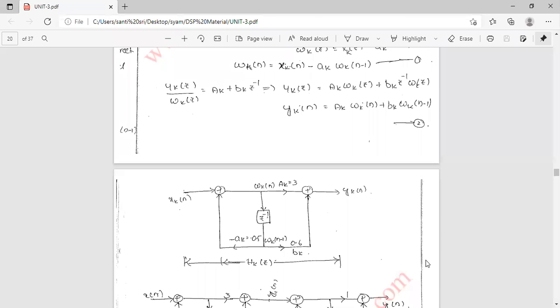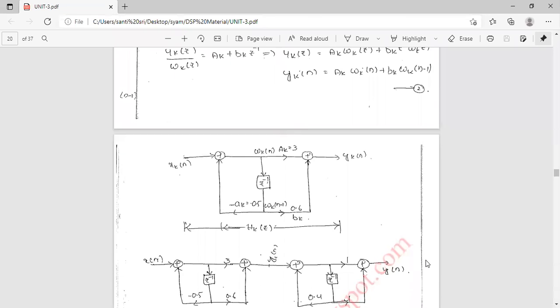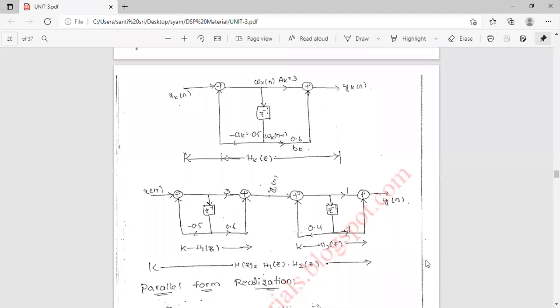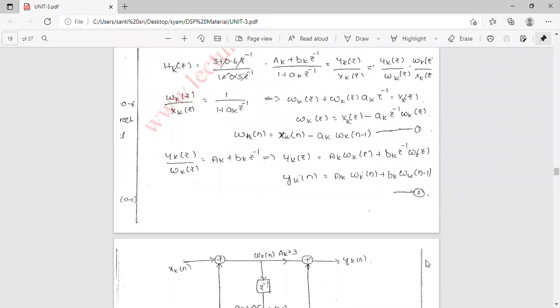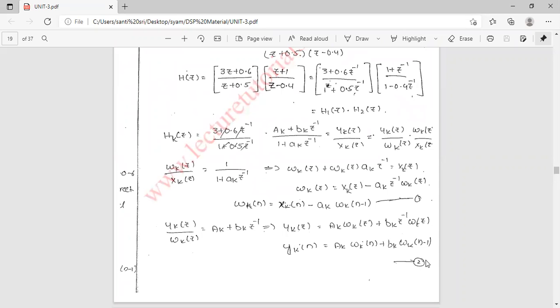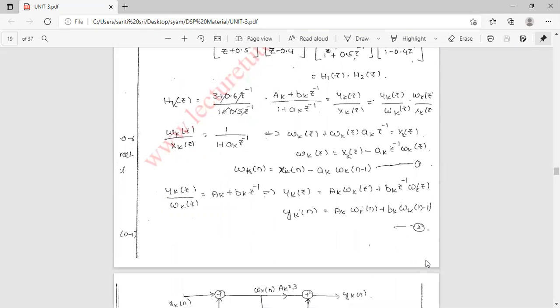So like this, you can take the h1 of z. h1 of z is 3 plus 0.6 into z power minus 1 by 1 plus 0.5 into z power minus 1.